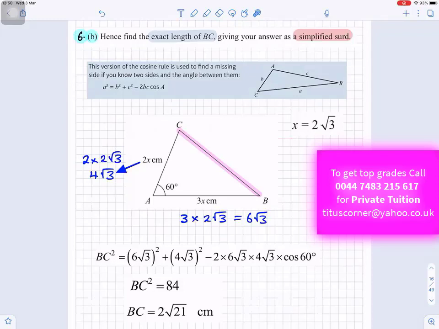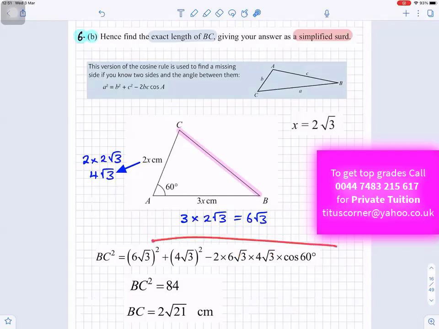And for 3x, it will be 3 times 2 root 3. That will give us 6 root 3. So that means BC squared is equal to 6 root 3 squared plus 4 root 3 squared minus 2 times 6 root 3 times 4 root 3 cos 60.